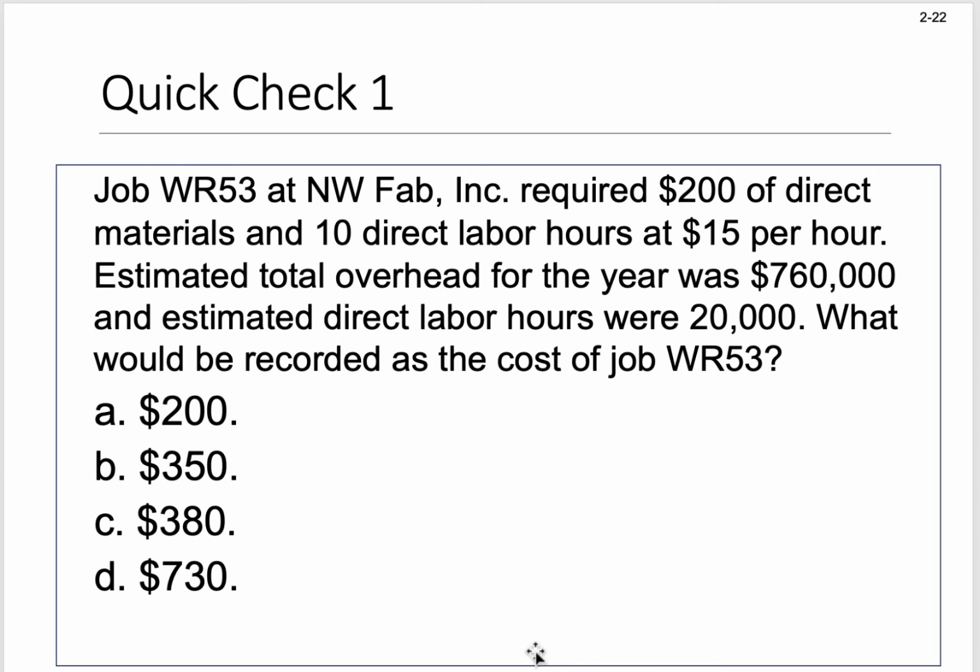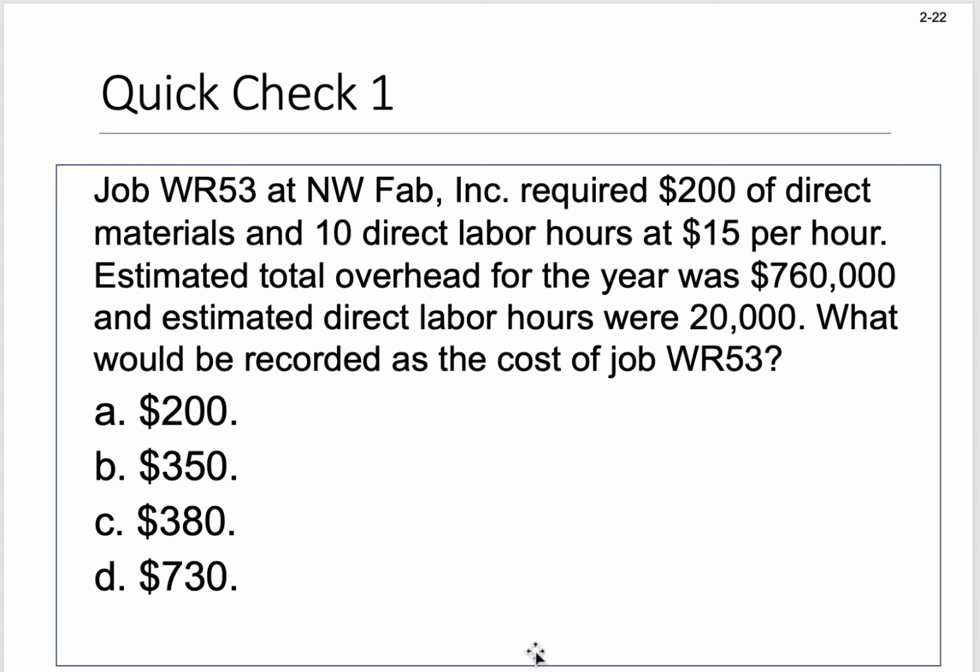Job RW53 at NW Fab Incorporated required $200 of direct materials and 10 direct labor hours at $15 per hour. Estimated total overhead for the year was $760,000, and estimated direct labor hours were 20,000.